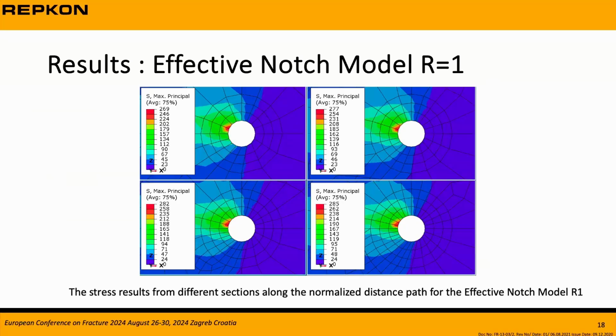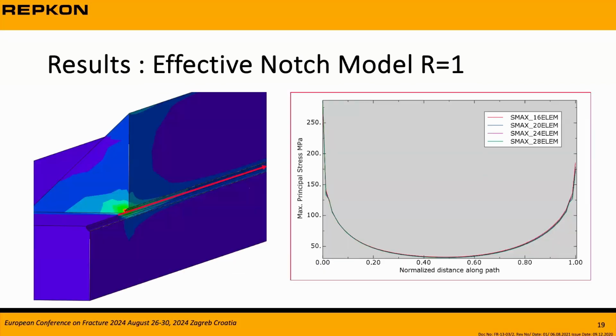The stress result from different sections along the normalized distance path for the effective notch case. In this graph, maximum principal stress versus normalized distance along path for the different elements which are given here. Also, they match very well.